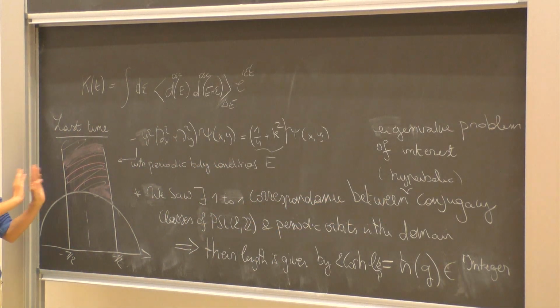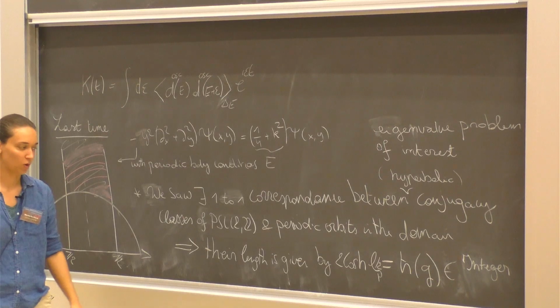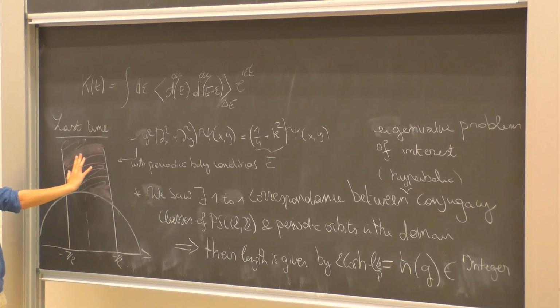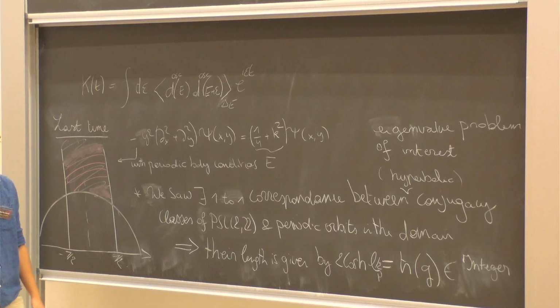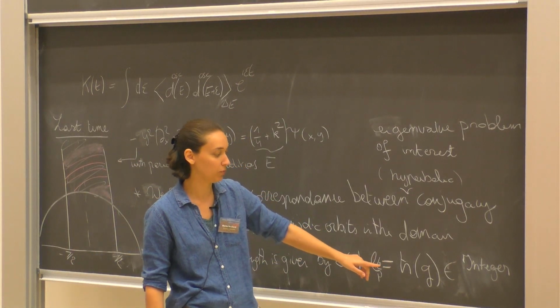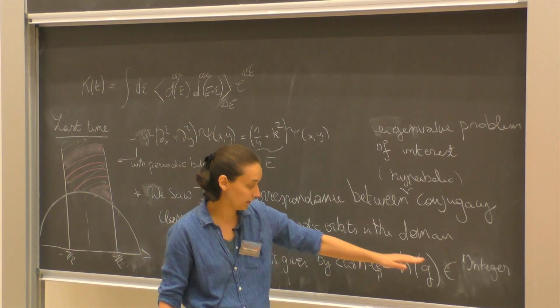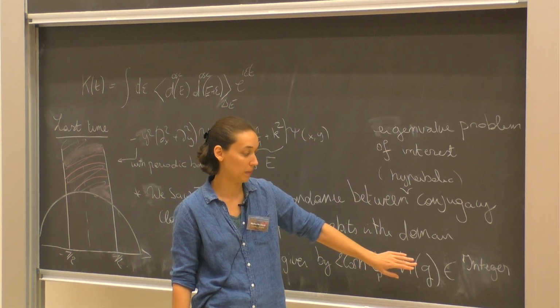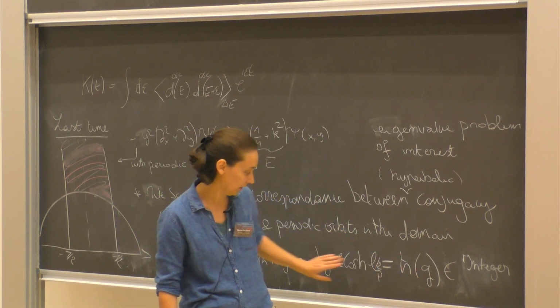So that was the last part of yesterday's last lecture, to understand that the matrices in PSL(2,Z) leave the periodic orbits in this domain invariant. And whenever you try to compute their length, they turn out to have a very specific behavior. The relation of the length to the matrix in PSL(2,Z) that leaves it invariant is as follows.